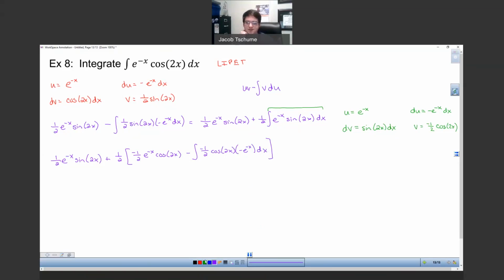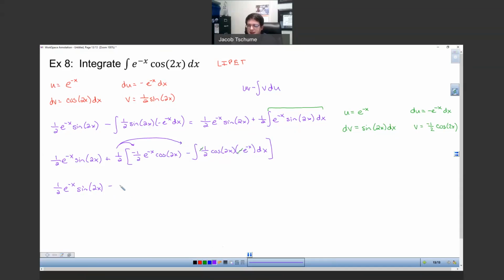All right, so inside of your new integral, you could cancel the negatives because this negative and this negative cancel, and you can actually bring that 1/2 out front. And this would make it 1/2 e to the negative x times the sine of 2x. I'm also going to do another step. I'm going to go ahead and take this 1/2 and distribute it to both terms.